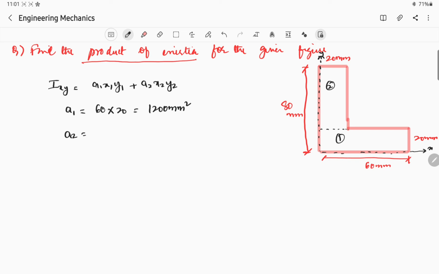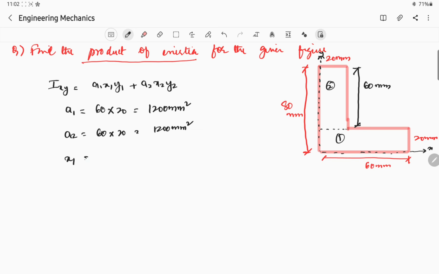What about A2? A2 is equal to, see here, this total length is 80. If you remove this one, if you consider only this part, then you will be having 60 mm, isn't it? So 60 into 20, you will get again 1200 mm square.